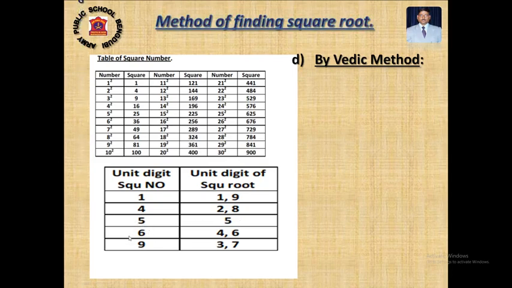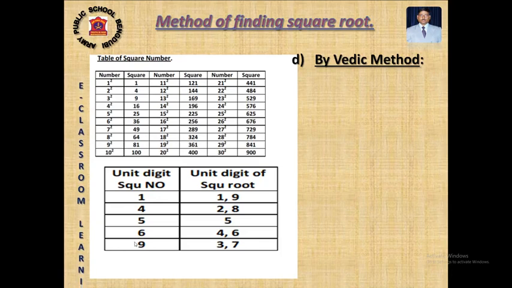Now if a square number has 6 in its unit digit, then the root will be either 4 or 6. Why 4 or 6? Because 4 times 4 is 16, or 6 times 6 is 36. So there is a possibility that the unit digit may be 4 or maybe 6. I have to decide it quickly.